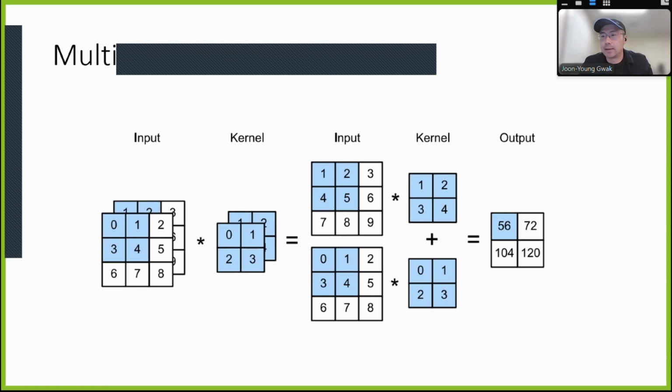For the next output, like the 72, would the stride be one and the values taken be the one, two, four, and five? You're talking about the 72, right?